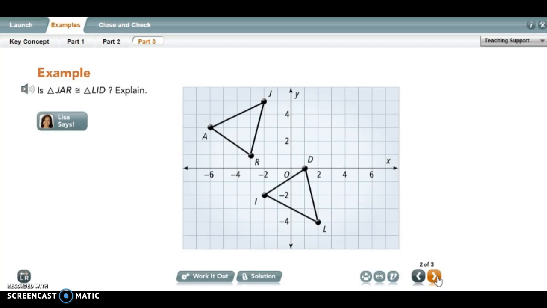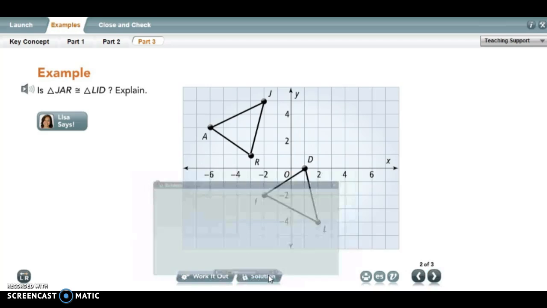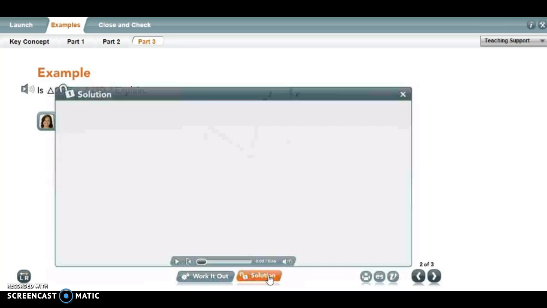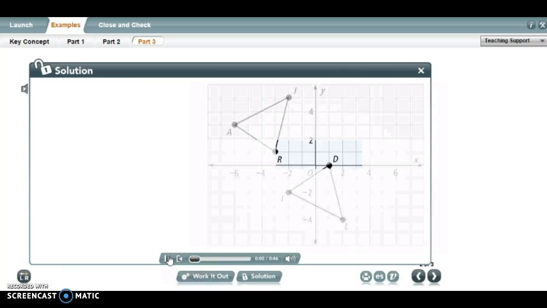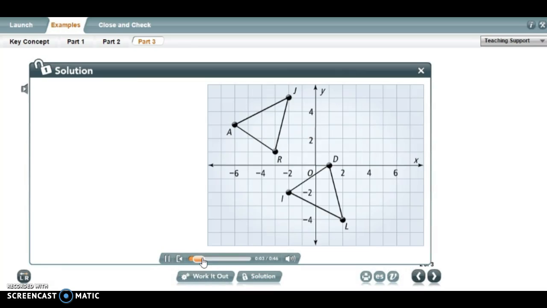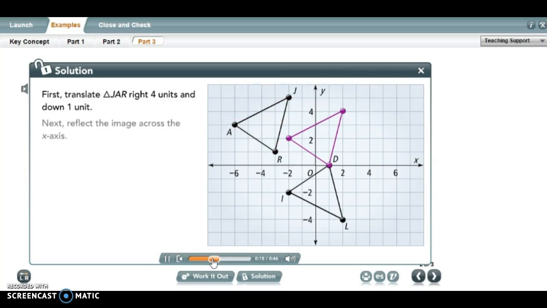Okay, so as you're looking at JAR, we want to know if it is congruent to LID, which means is it the exact same figure, just translated or rotated or reflected. And in this case, you can see that it is the same. Here is what they're going to do. We're going to translate it over 4 units to the right, 1 unit down.